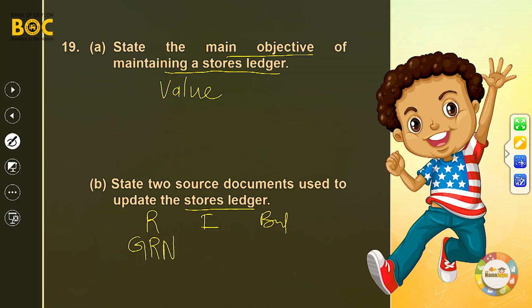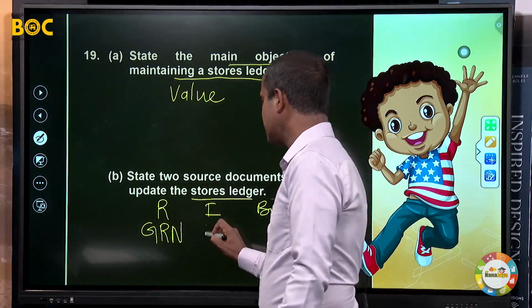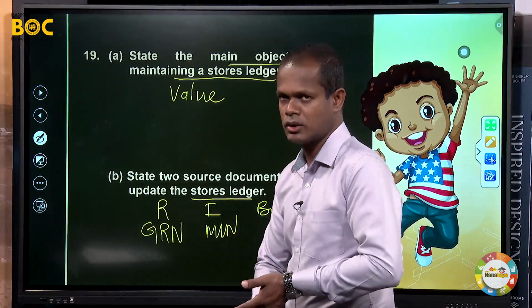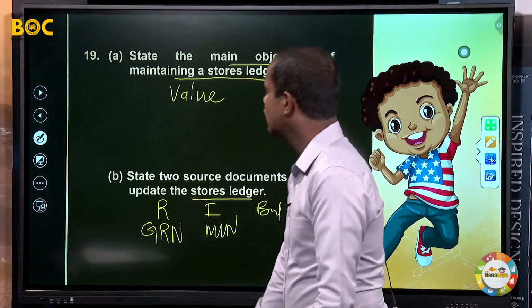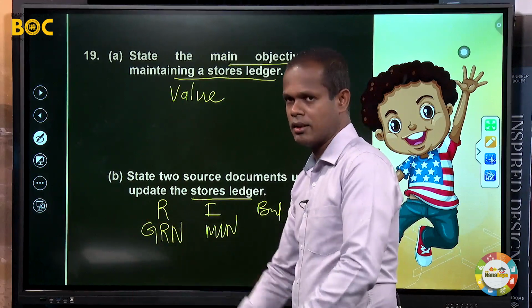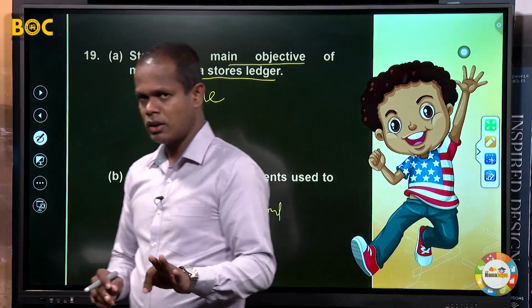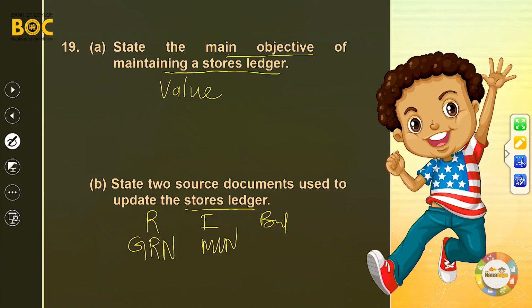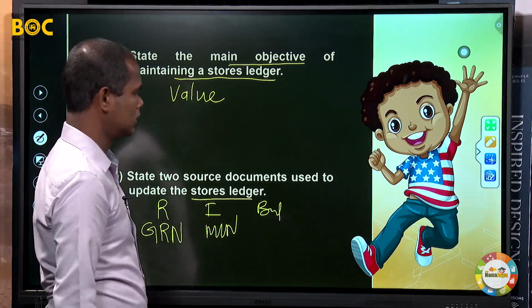For issues, you have the material issue note, the material requisition note, the material transfer note, or sometimes the material return note.